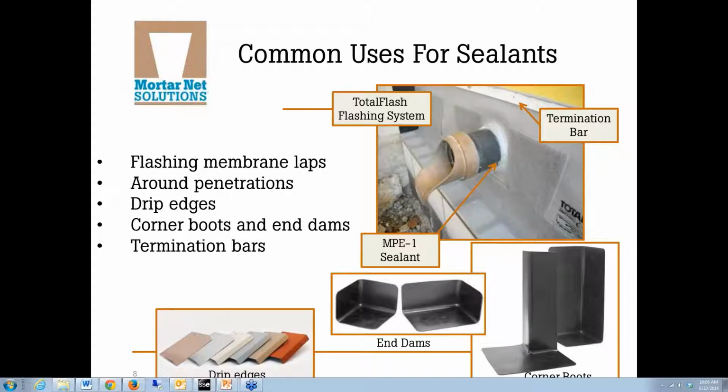For example, today's sealants are being used to seal flashing membrane laps around penetrations that extend through flashing membranes, like the one you see here, a pipe penetration through a Total Flash flashing system panel. They're also used to seal under drip edges, at corner boots and end dams, and behind termination bars.